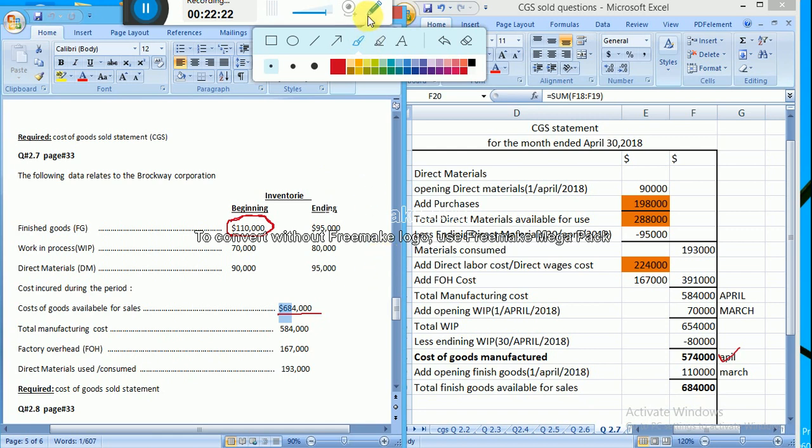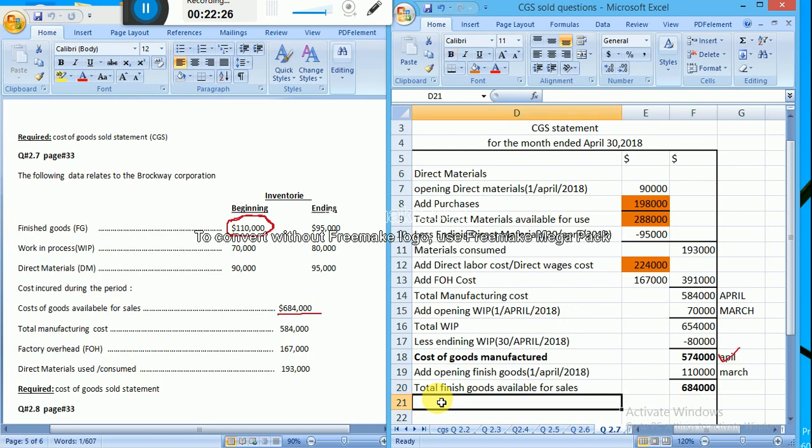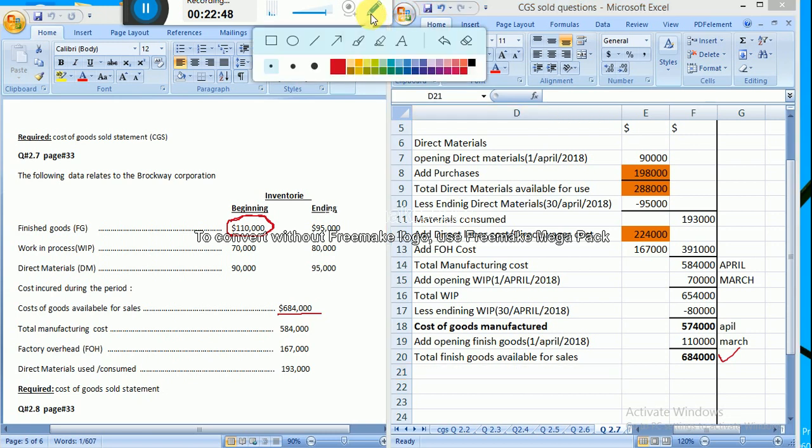Okay. After this, the total finished goods, that is 6,84,000 in April. Today, when we checked the warehouse record at the end of April, in the warehouse 95,000 of finished goods remain unsold.